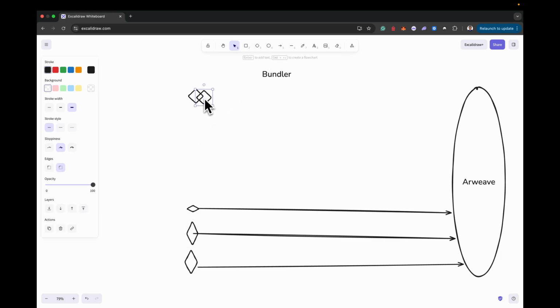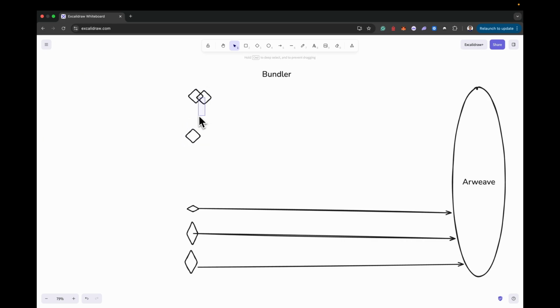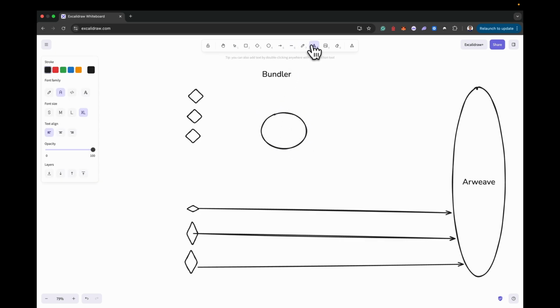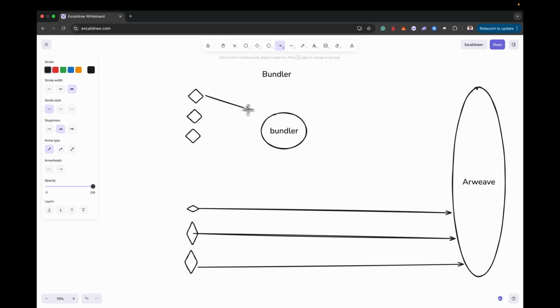I'm just going to do three of these: 1, 2, 3. You can consider these as users or applications. And then here, this is going to be a bundler that will bundle transactions.